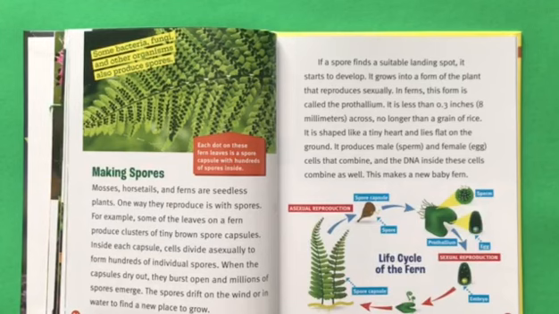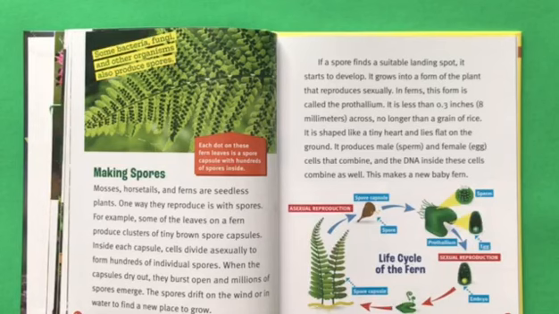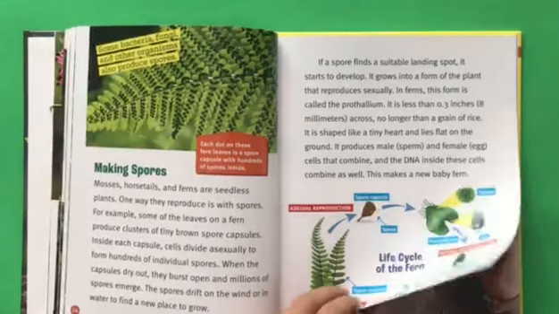It is shaped like a tiny heart and lies flat on the ground. It produces male sperm and female egg cells that combine, and the DNA inside these cells combines as well. This makes a new baby fern.